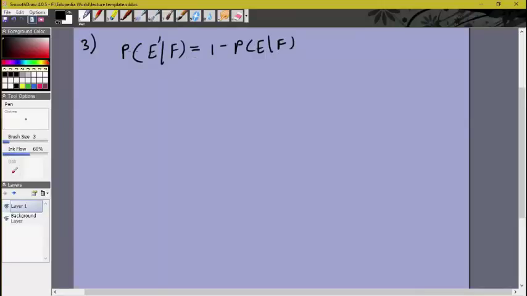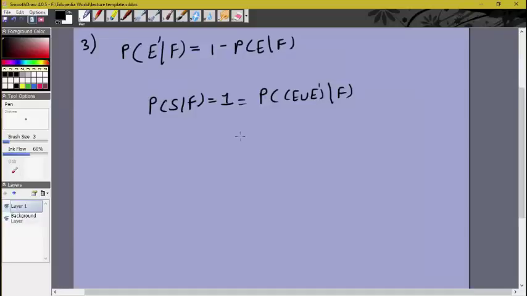Right. So from a previous property we already know that P of S conditional F is equal to 1, and that we can write as P of E union E complement conditional F. Right, because S is the total set that will be equal to any set having a union with its complement. That is sort of the definition of a complement, right?